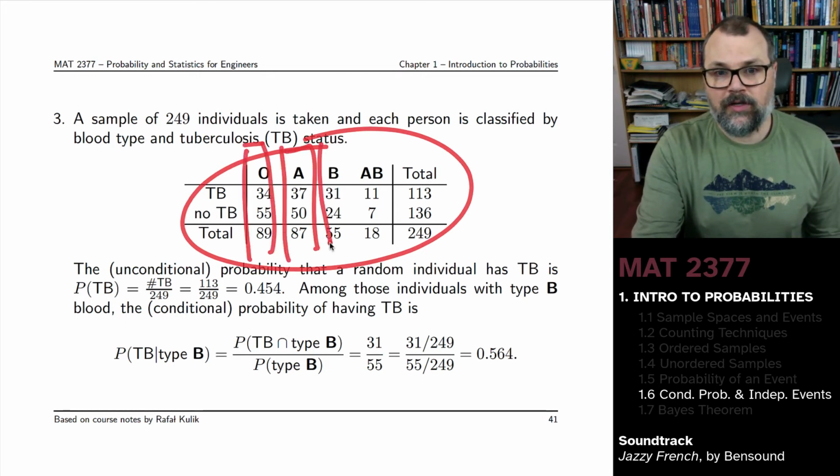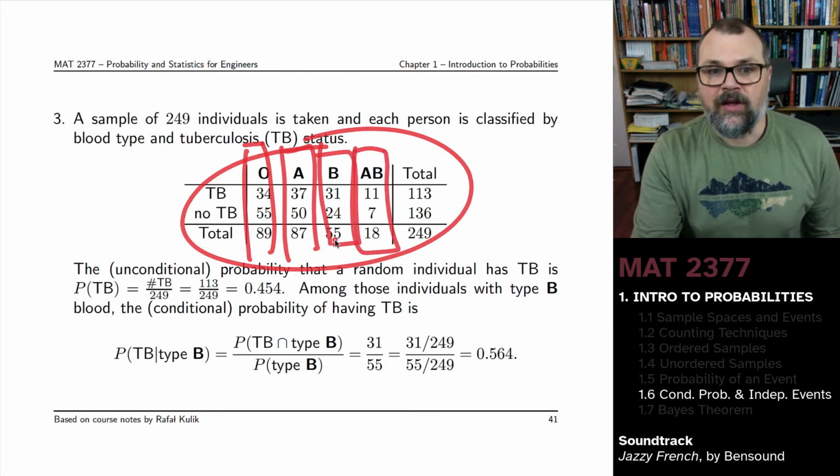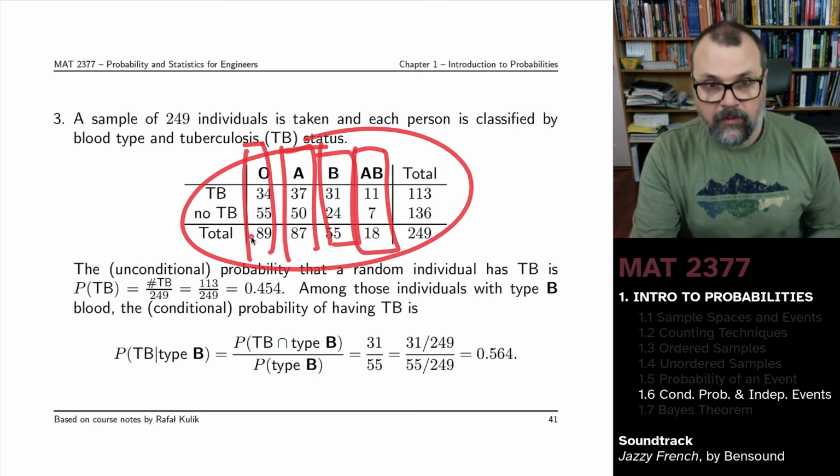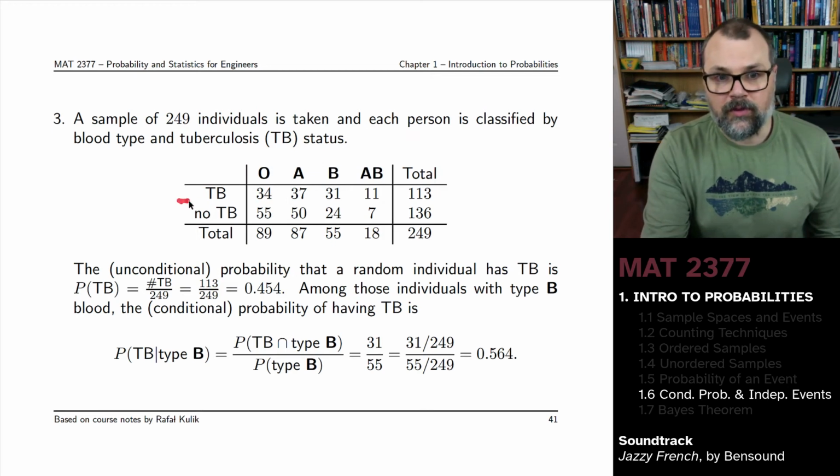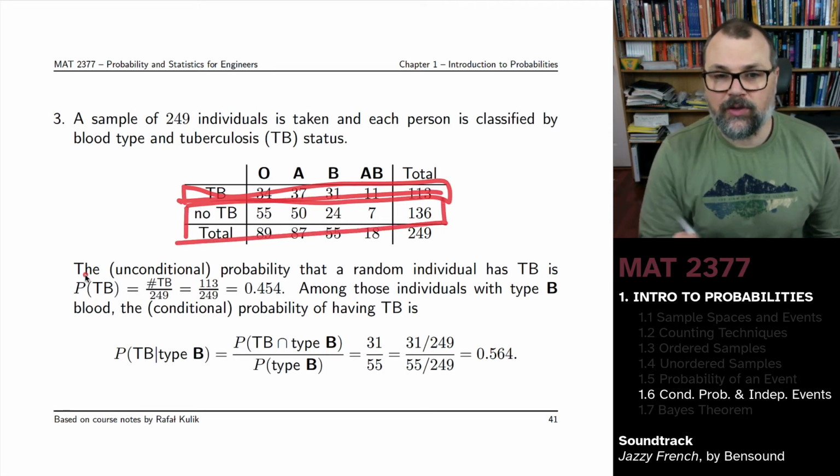and you can also look at them by categories. There are 18 individuals of blood type AB, 55 of blood type B, 87 of blood type A, and 89 of blood type O. And you can also view them the other way. 113 individuals with tuberculosis, 136 without tuberculosis.